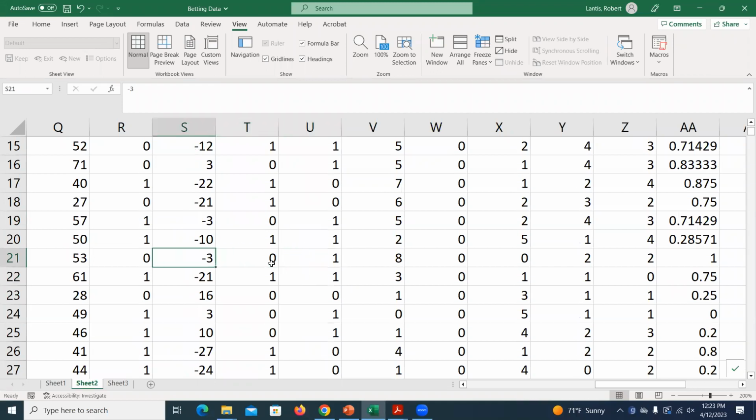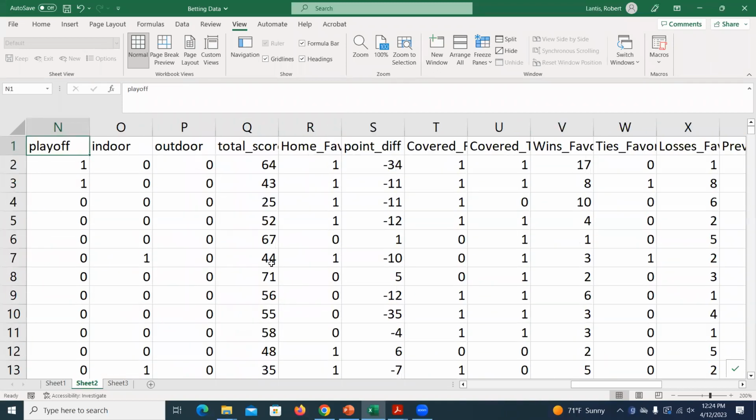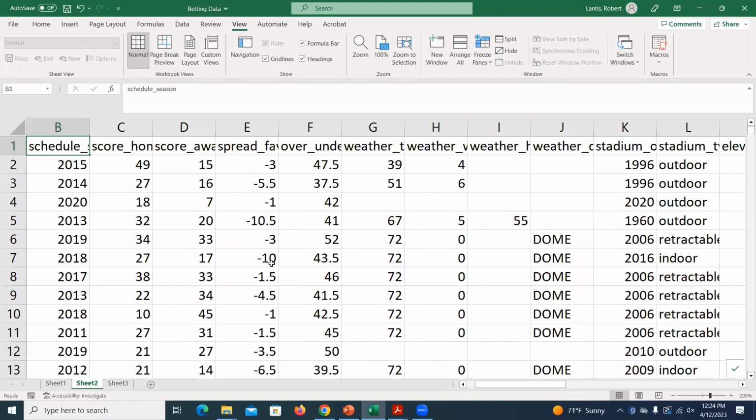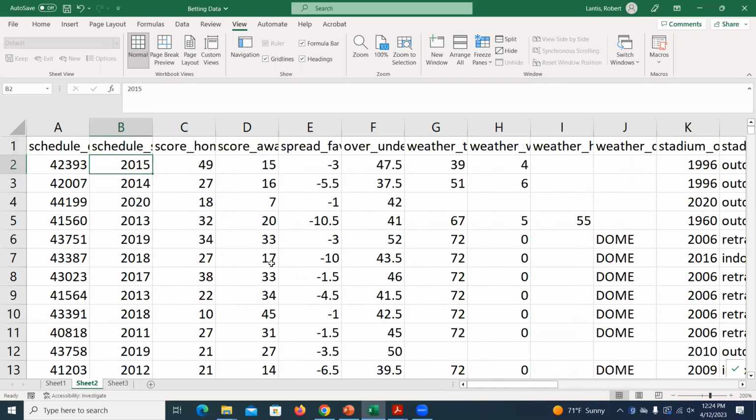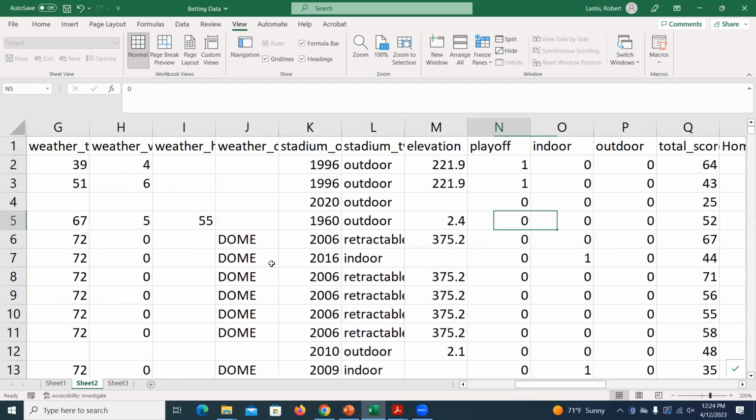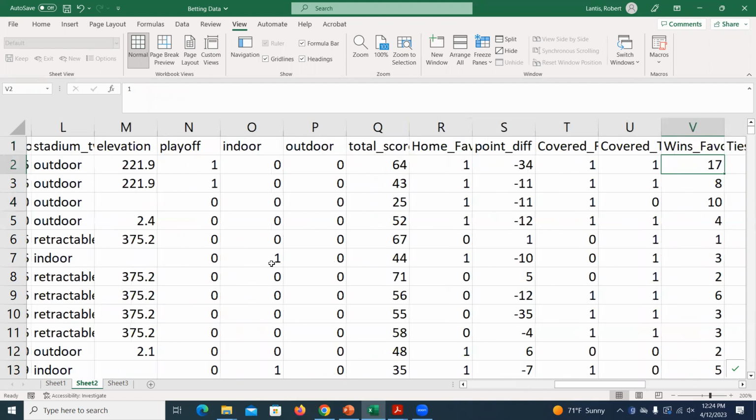There we go. So let's go all the way back. We've got all these different games. I've got the season, the home team score, the away team score, what the spread was going into it, the over under. I've got weather information for some of these. Got the type of stadium, elevation, all these different variables.